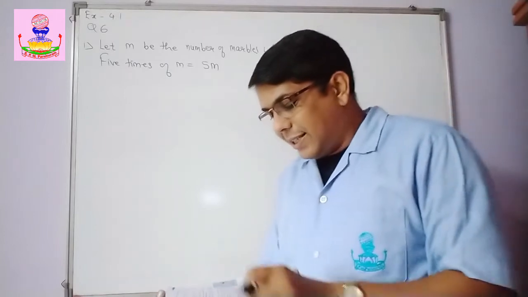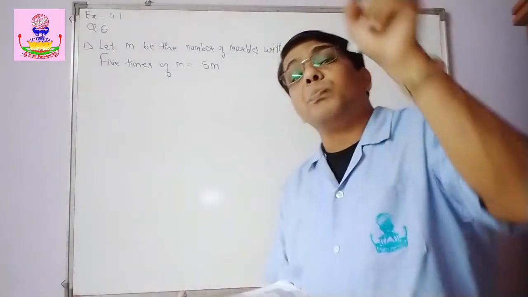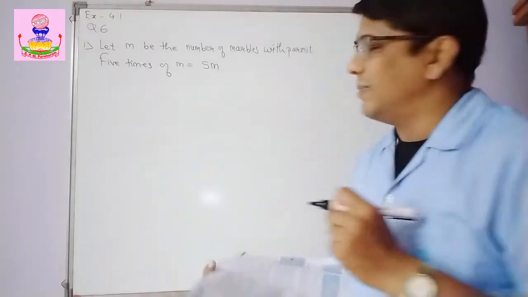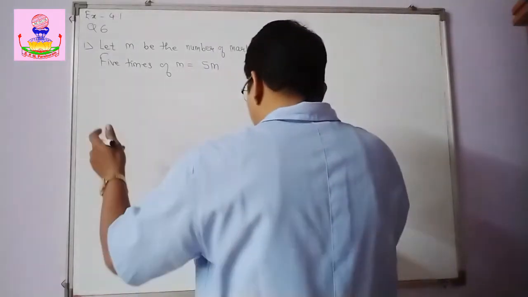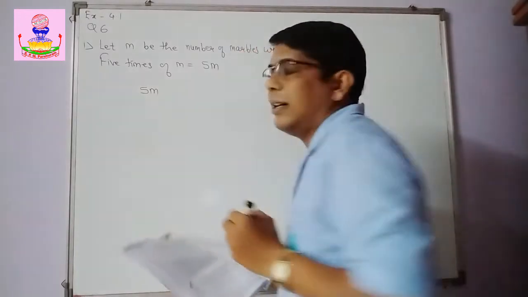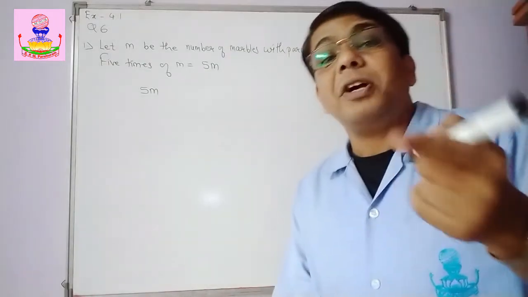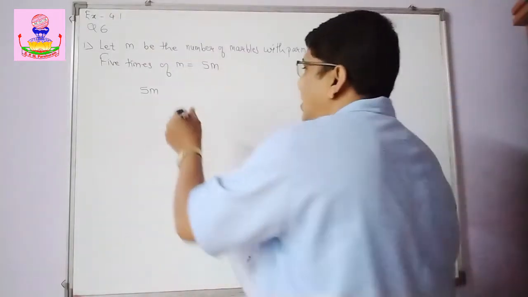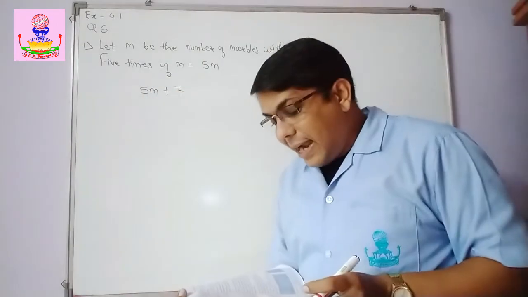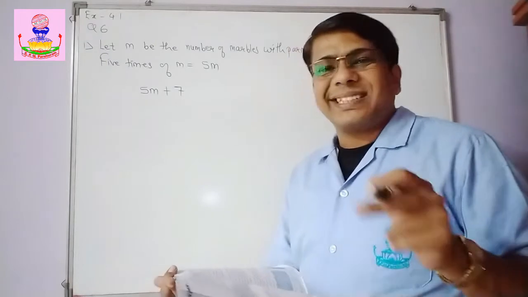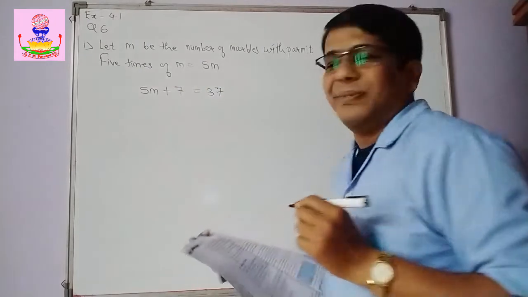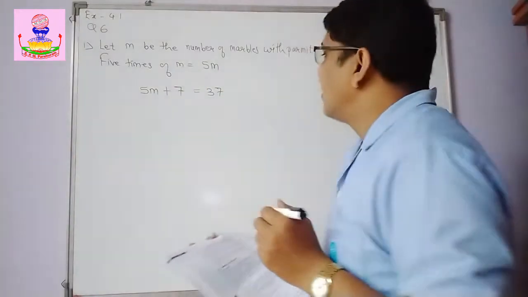Then what is said? Irfan says that he has 7 marbles more than 5 times the marbles with Parmeet. Now we will put the equation. 5 times the marbles, 5M. 7 marbles more means what? Yes, plus 7. And then Irfan has how many marbles? 37. So that is equal to 37. Do you understand?